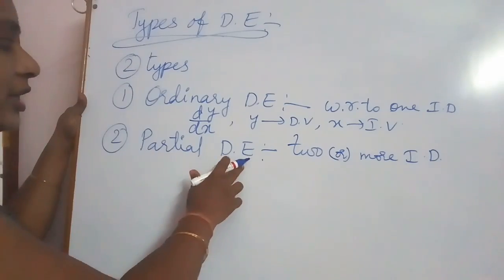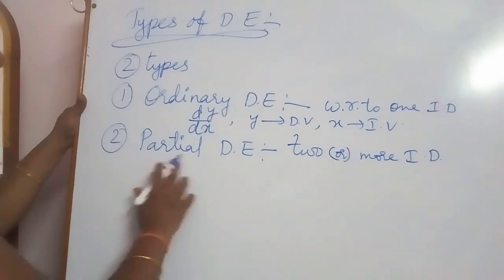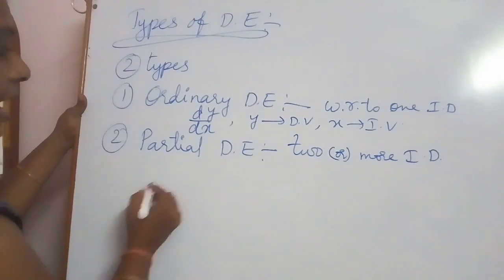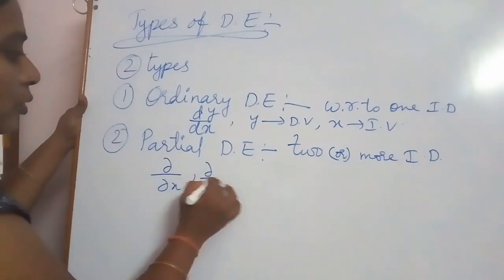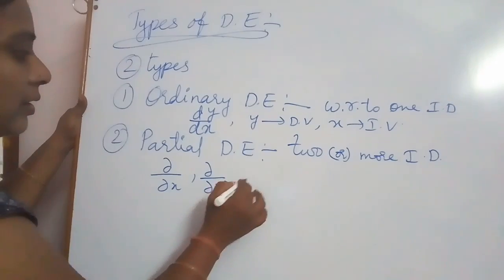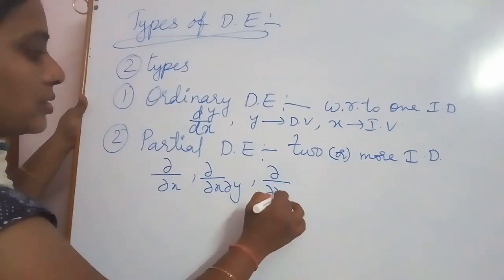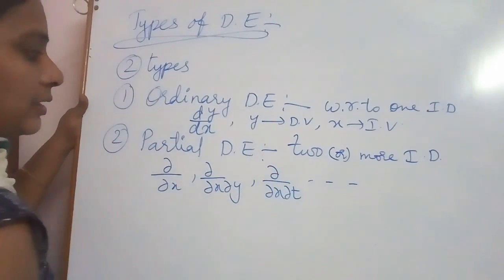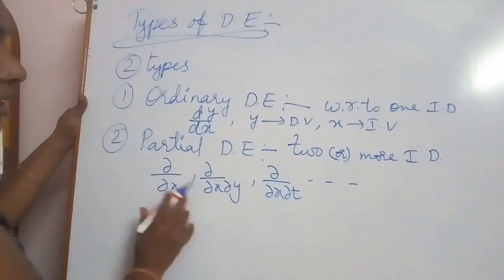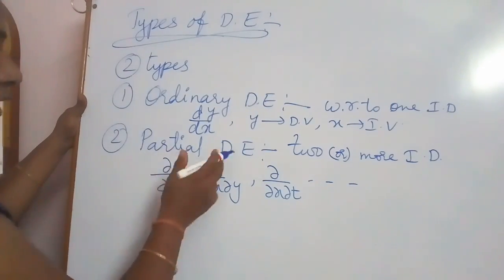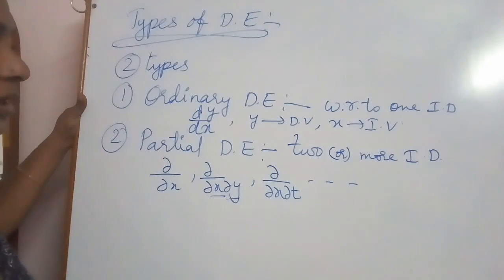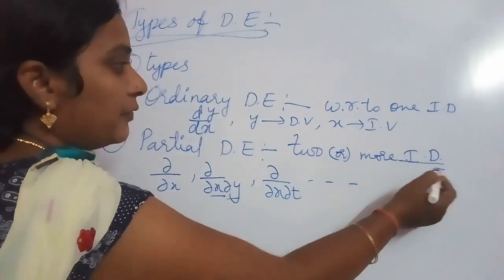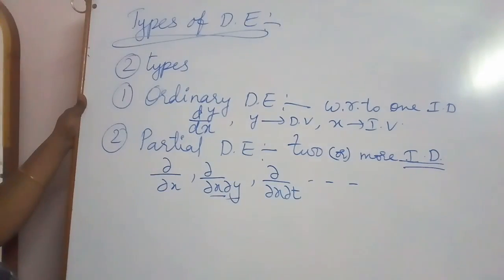Such a differential equation is called a partial differential equation. Generally, it is denoted by dou by dou x, dou by dou y, dou by dou t, like that. Here two or more independent variables are involved.